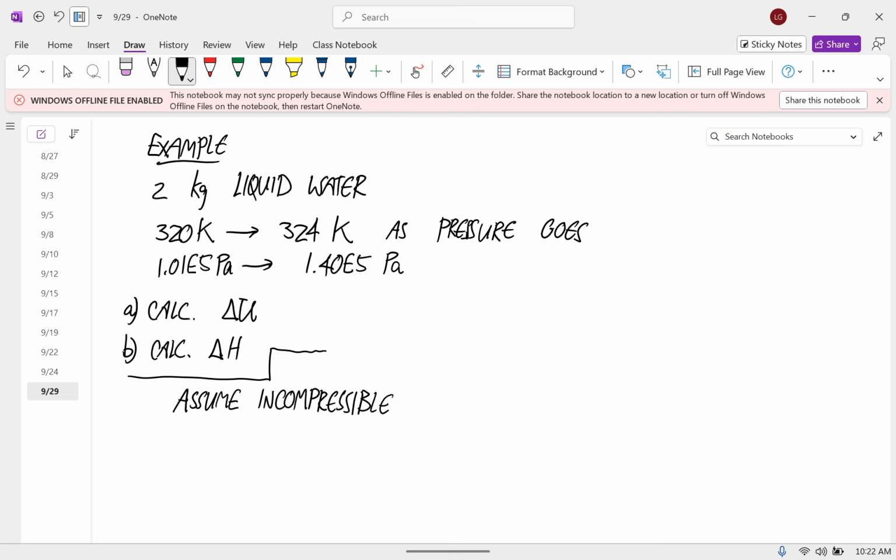Okay, so if we assume that a material is incompressible, then there's a value for C at a given temperature that we can look up. And we look up C for this temperature range.